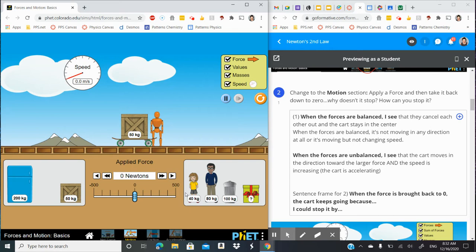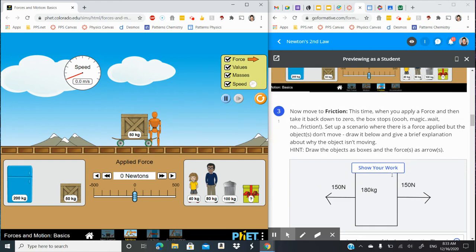So there we go. When the force is brought back to 0, the cart keeps going because there's no friction pushing back on the cart in the opposite direction. I could stop it by applying a force in the opposite direction that I did originally until the speed reaches 0. Done with 2.